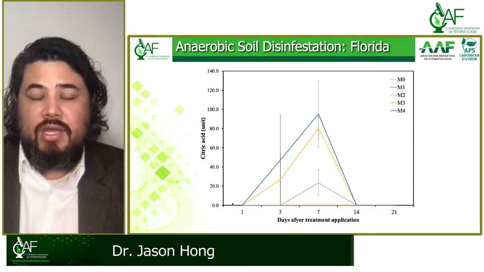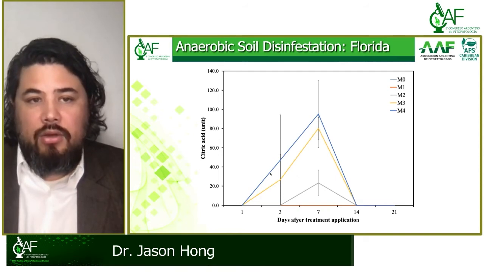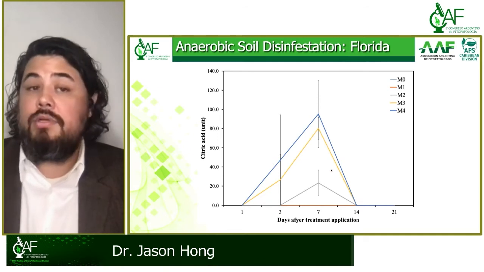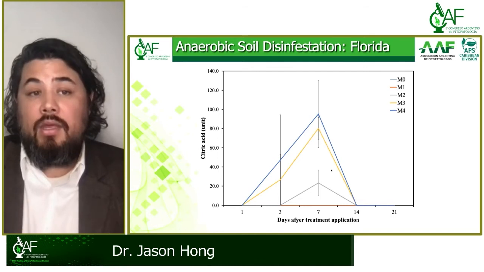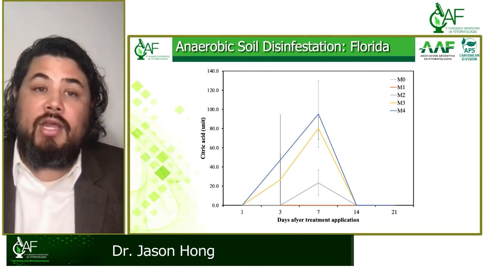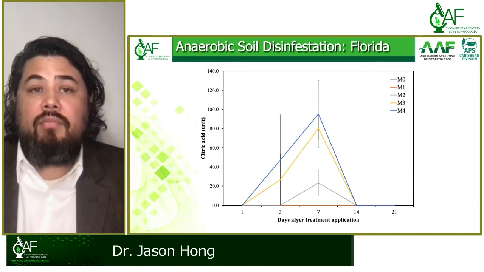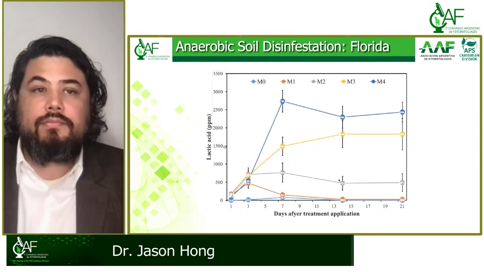So citric acid was being created 1 day after the post-treatment. And again, it correlated to the amount of molasses, or the amount of the carbon source. So we're increasing certain populations of bacteria that then create these organic acids. And what is very interesting is that it correlated to the amount of molasses that was added to the soil.